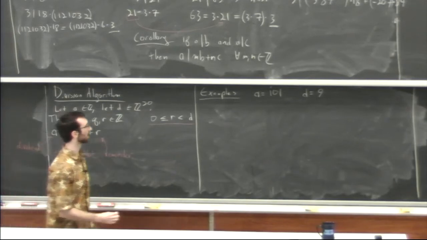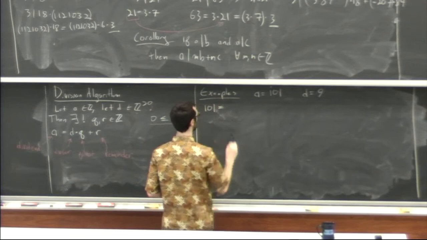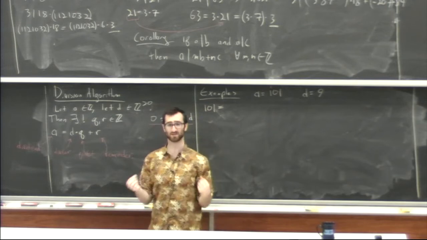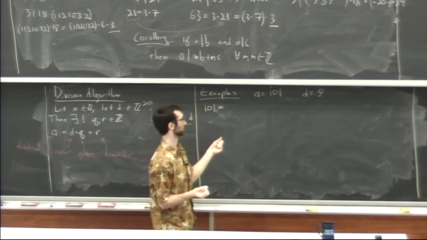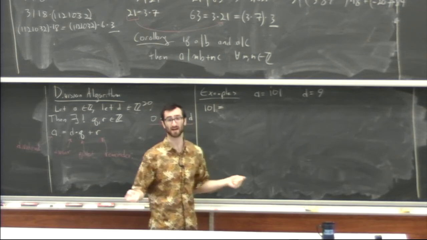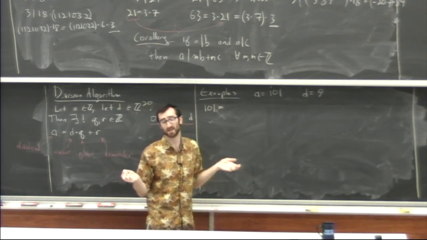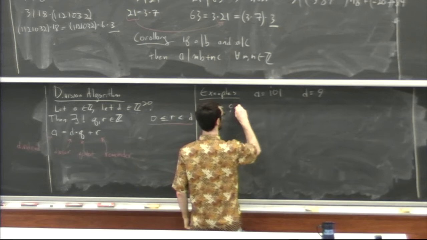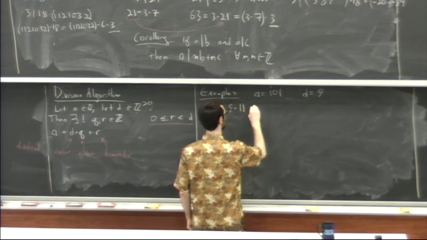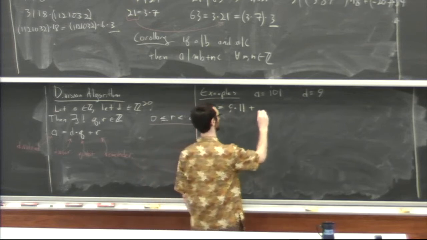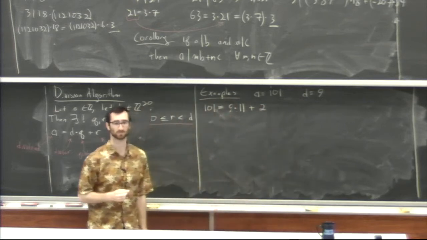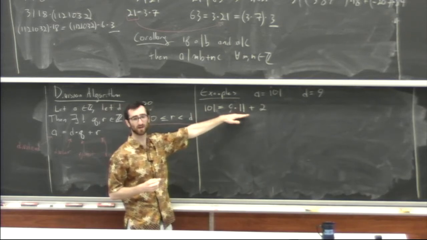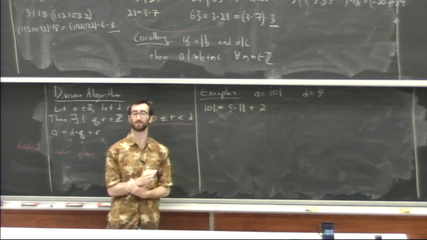I'm always going to be able to write 101 as being equal to, well, I'm going to find a close number below 101 such that 9 does divide it. A close number below 101 is 99. And 9 does indeed divide 99. It's 9 times 11. So 101 is equal to 9 times 11 plus the small remainder of 2. So the idea is I got as close to 101 as I could using multiples of 9, and then I keep track of the remainder.